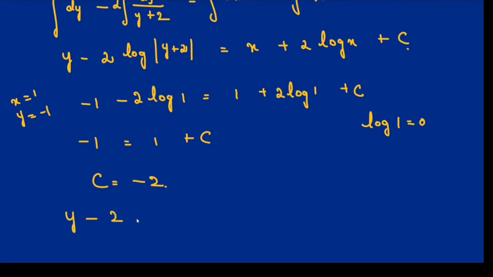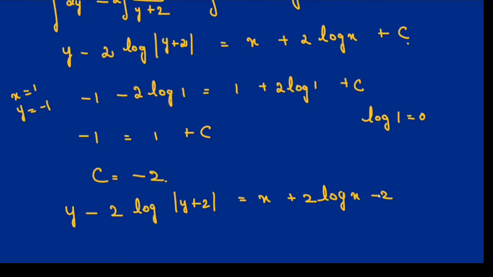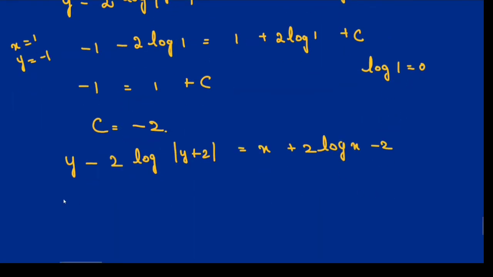y minus 2 log of y plus 2 is x plus 2 log x minus 2. We can simplify this, take all log terms to one side. y minus x plus 2 is 2 log x plus 2 log of y plus 2.